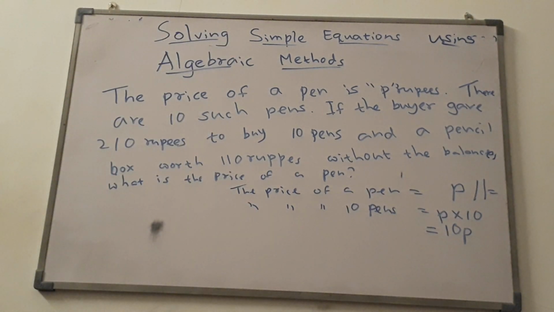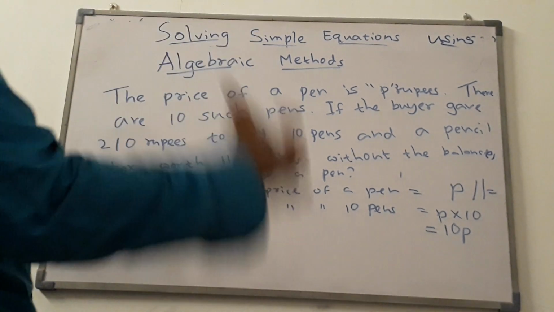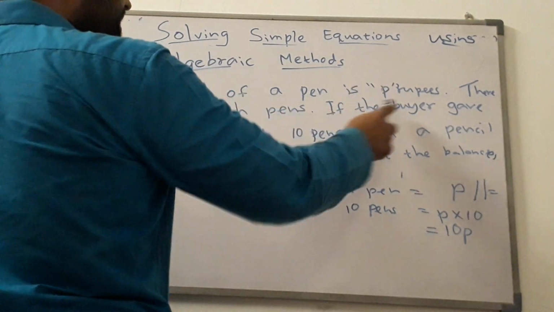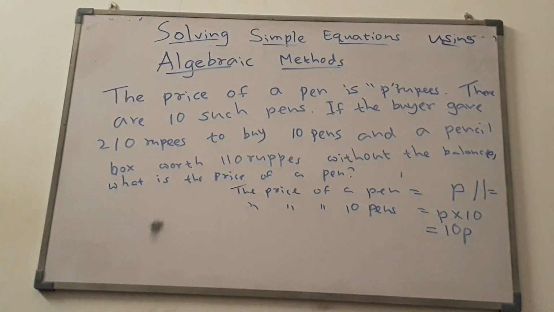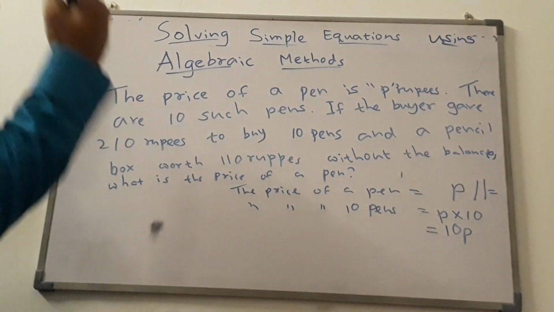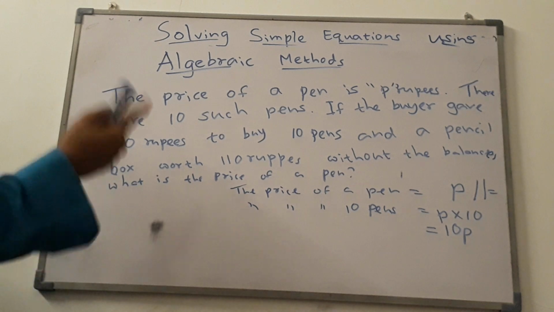The price of a pen is given as an algebraic term. What they ask here is the value of the price of a pen. At the moment we can't give a value, but we know it is given as an unknown value represented by P. One pen costs P, so 10 pens cost 10P.